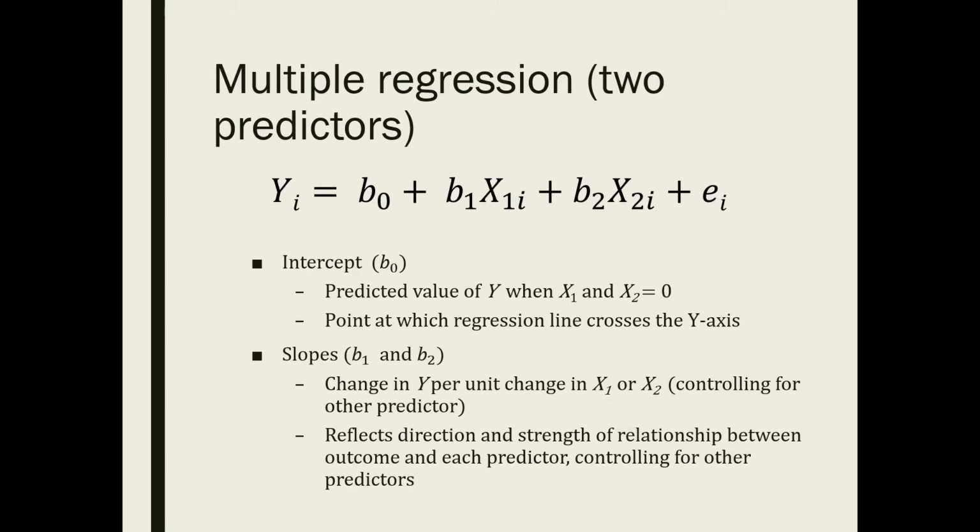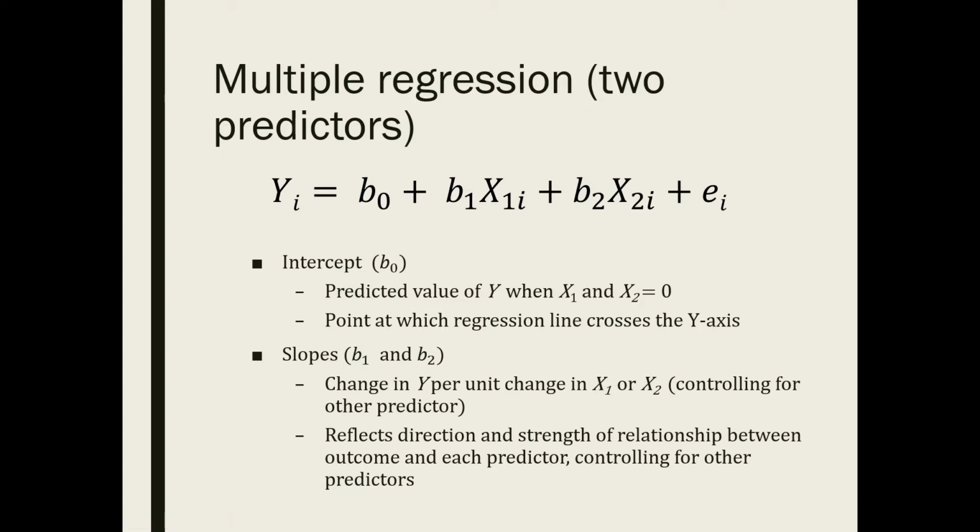So we'll start by looking at a linear model that's in a similar form to what we've already seen, but this time we have two predictors rather than just one. Looking at this model here, we see that we still have our observed outcome variable, that y value, and we also still have our b0, which was our intercept, but the definition for the term in this situation with two predictors is slightly different.